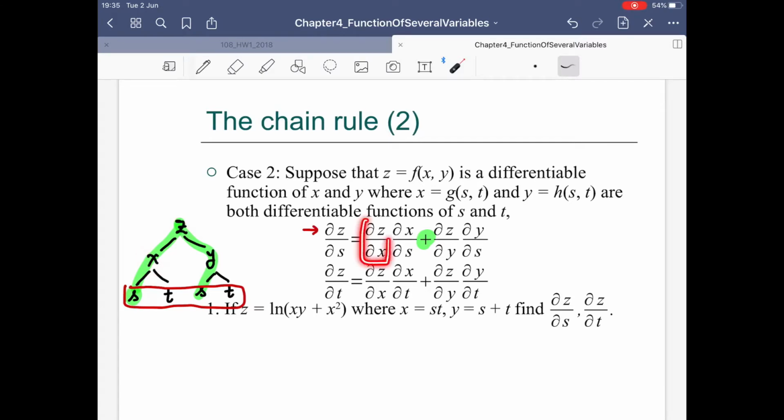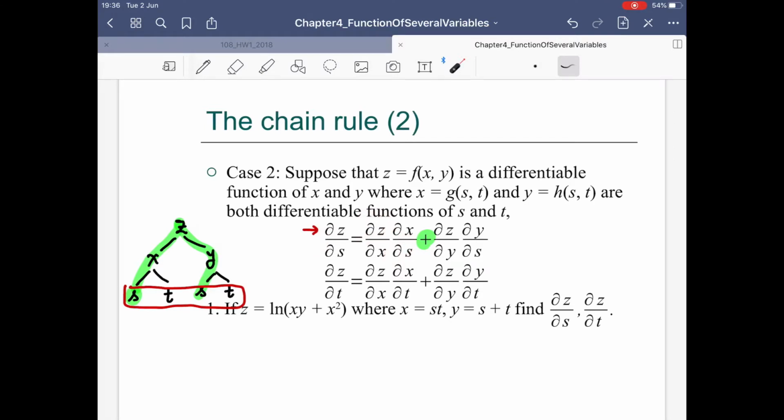Okay, so to find this one, you are going to pass through the x first, so you find dz by dx, and then your x will go through s, so you have dx by ds, and again, as you take a look at it as a fraction, these can cancel, and then the leftover is the one that you need on your left hand side.